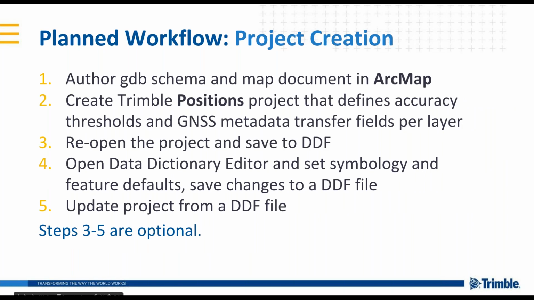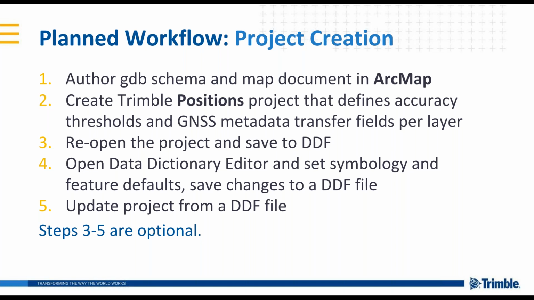All right, so I've kind of broken the planned workflow into 2 steps. One is this initial project creation, which you would do, presumably a few times, maybe once to get the project started. And then the second step would be the day-to-day workflow. So from a project creation standpoint, and I'll walk through this in the demo, the first step would be you'd author your geodatabase schema and your map document in ArcMap, like you normally would.